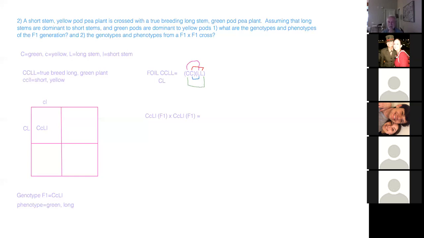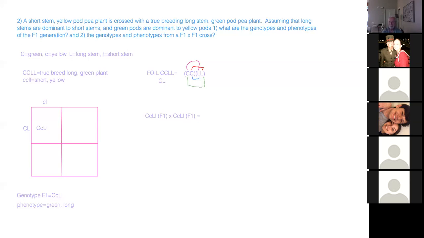The big C, big L, and the Punnett square that we just did, that came from one of the parents, correct? Yes. Where did the little c, little l come from? From the homozygous recessive parent. And they came together and formed a diploid individual. And this individual was what? Uppercase C, lowercase c, capital L, lowercase l.